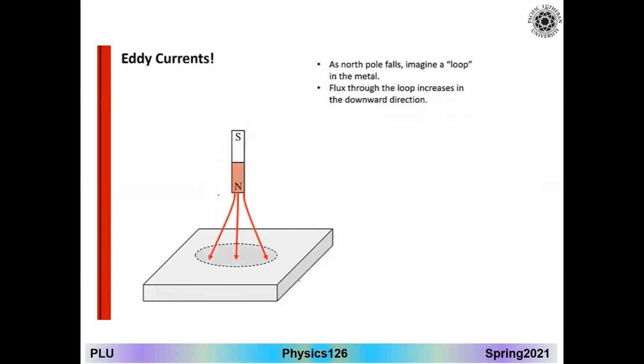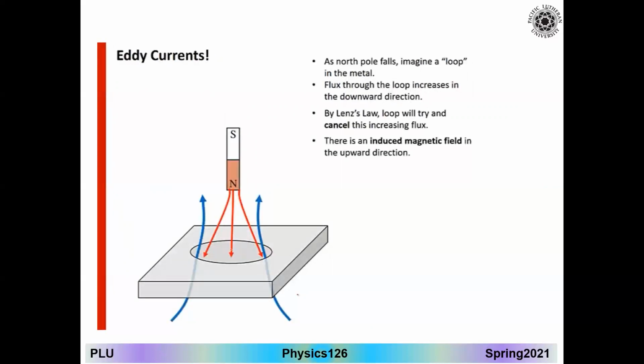When you drop it, the flux will increase. So assume any imaginary loop in the metal, placed in the magnetic field, where the flux through the loop will change as the rod gets close to the metal.